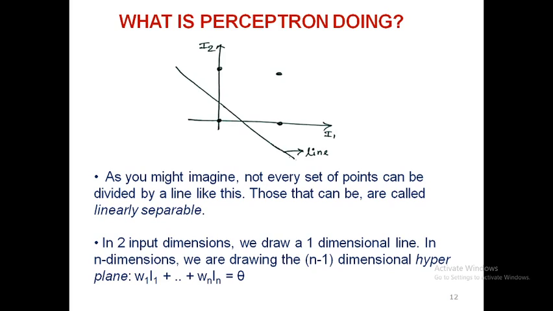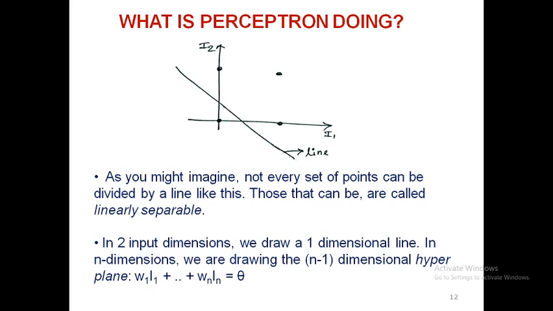That means those which are easily divided by a line are called linearly separable. As we have seen with the XOR example, the corresponding XOR example is not a linearly separable example. In this case we have taken two input dimensions, and for these two input dimensions we are able to draw a one-dimensional line.